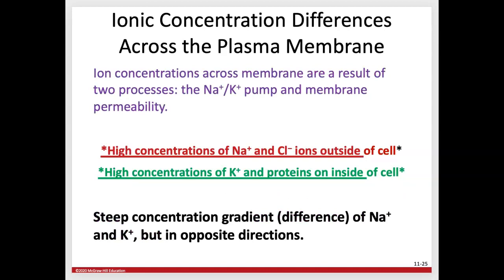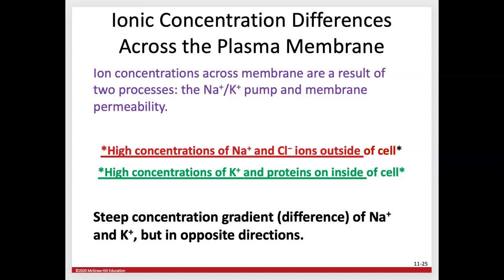So ionic concentration differences across the plasma membrane. There's a lot of this section of the chapter that is just remembering facts that will influence your understanding of an action potential, if that makes any sense. I hope it does. If you know all these little individual parts and then you put it all together when we're talking about an action potential, it might make more sense.